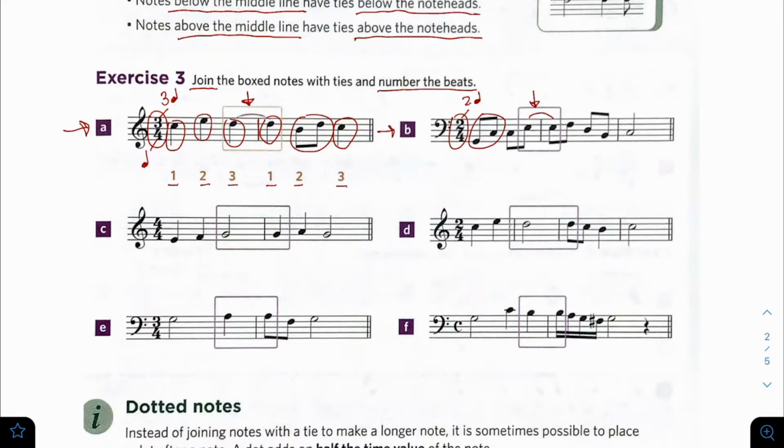Here we have 2 quavers, which make beat 1. Another 2 quavers, that's beat 2. Bar line. After the bar line, 2 quavers, beat 1. Another 2 quavers, beat 2. Bar line. And then we have a minim. Minim is worth 2 beats. So we will write 1, 2.